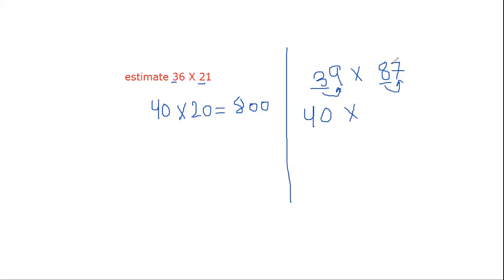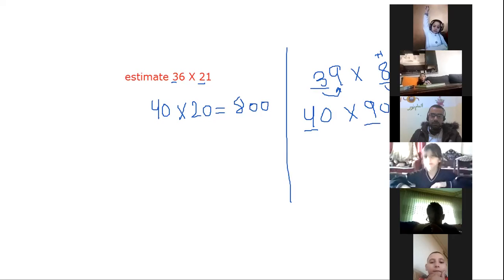It's more than 5, so I will add 1 here. So that will be 9, and that will be 0. So now we just multiply 4 times 9. 4 times 9, that will be 36. Then we add the two zeros, so it will become 3,600. Do you have any problem about that?